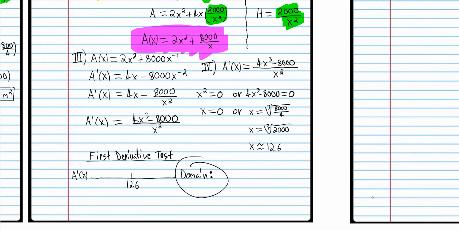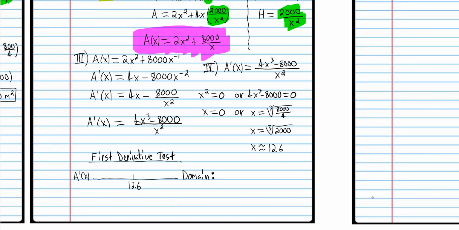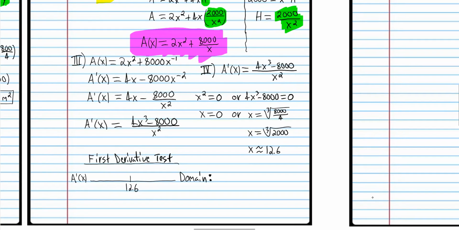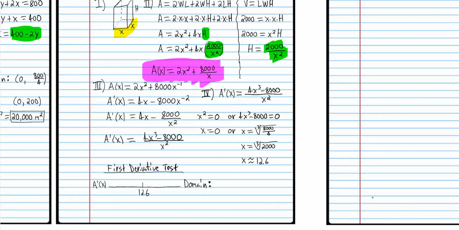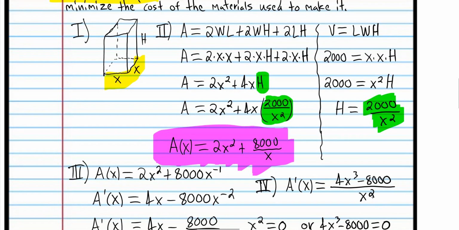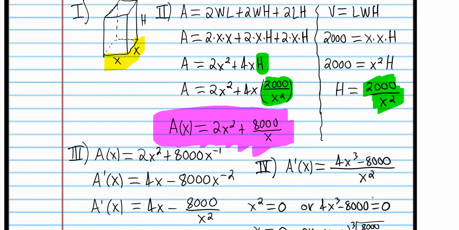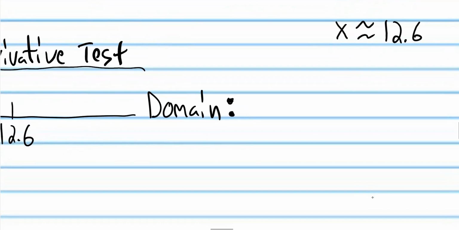And figuring out the domain, as we saw in the previous problems, is not exactly obvious in many cases. But the smallest value of x is probably going to be obviously 0, right? You can't go into negative numbers, because we're talking about geometry here. You don't really have negative numbers in geometry.